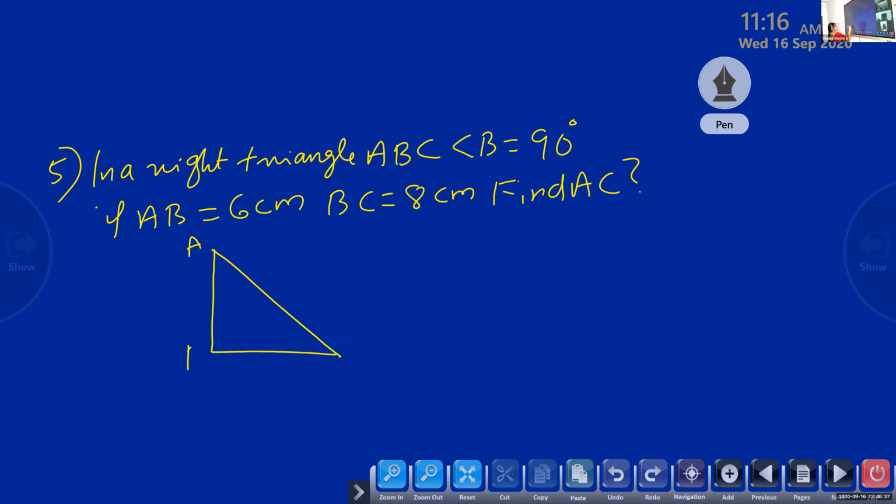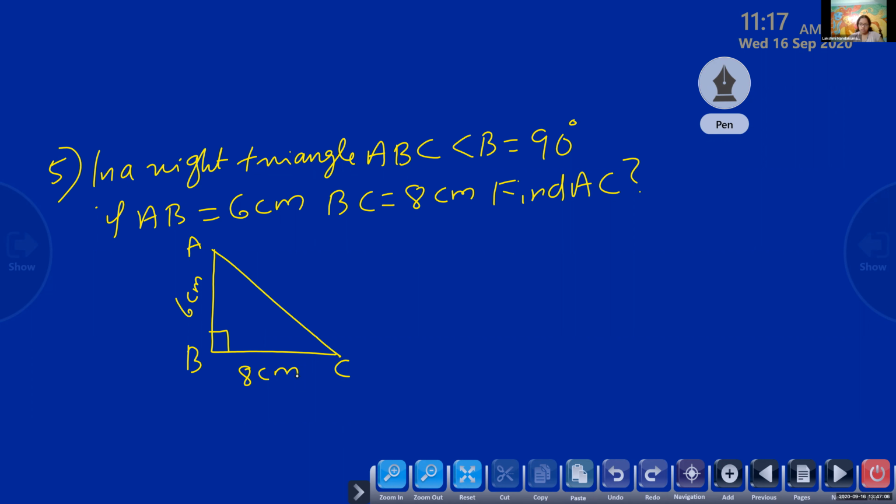Right triangle ABC, B is 90 degrees. AB is 6 centimeters. BC is 8 centimeters. We need to find AC. You have studied a relation connecting the sides of a right triangle.